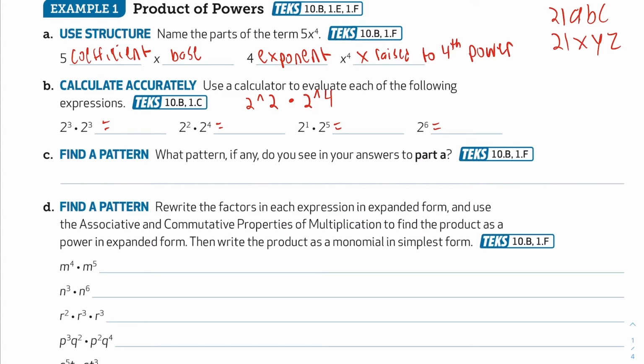And if it didn't work like that, then let's just see what this is going to be. It's going to be 2 to the 6, and 2 to the 6 is going to be 64. So the answer you should be getting is 64 for that.